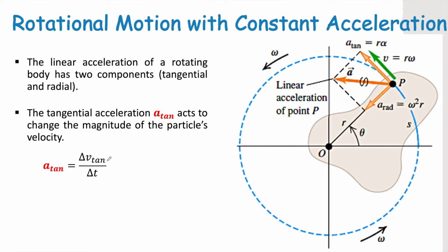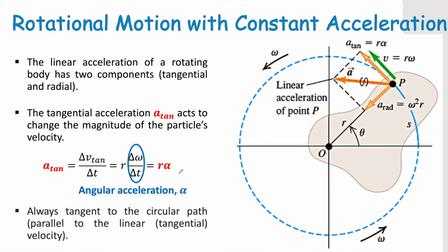And we all know that v tangential is equal to r omega, right? And the change of the angular velocity over time is simply alpha. So therefore, the tangential acceleration is simply equal to r alpha. And take note that it is always tangent to the circular path, parallel to your tangential velocity.